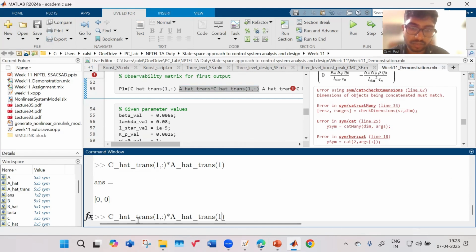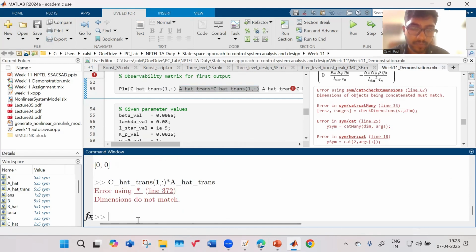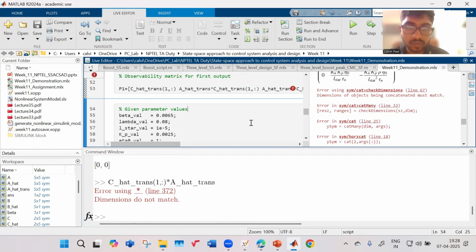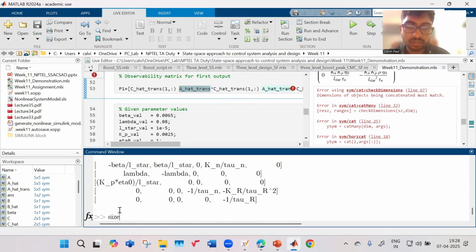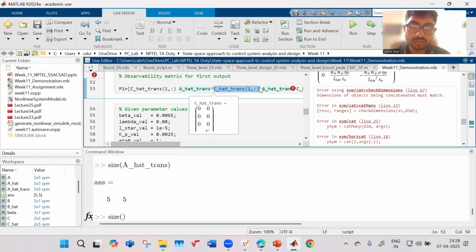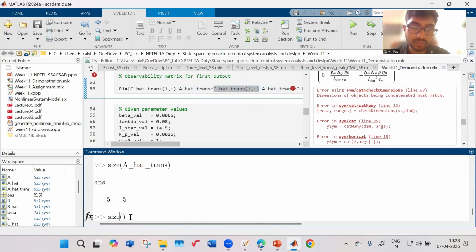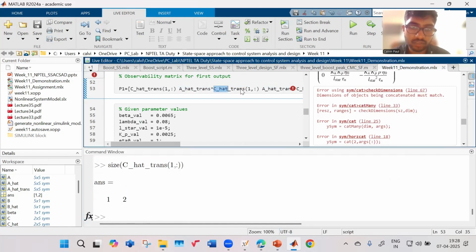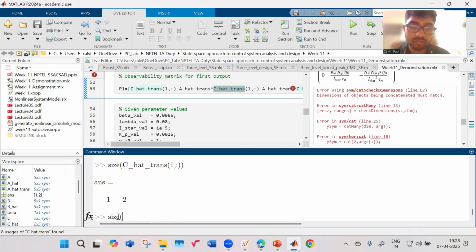The size of C hat transpose is 5 rows and 2 columns.